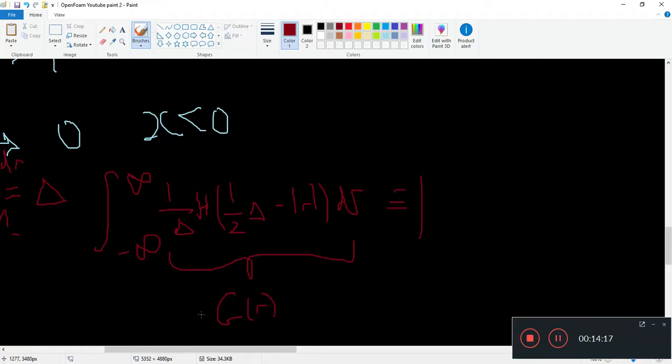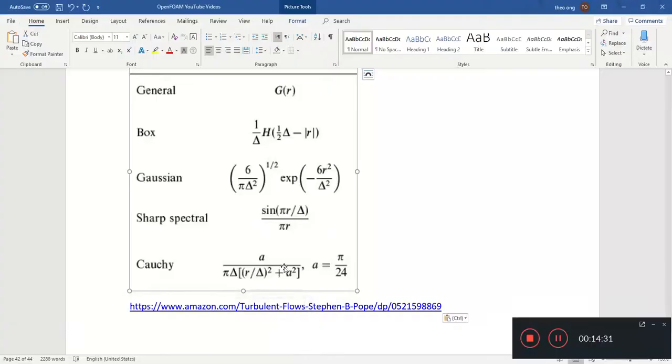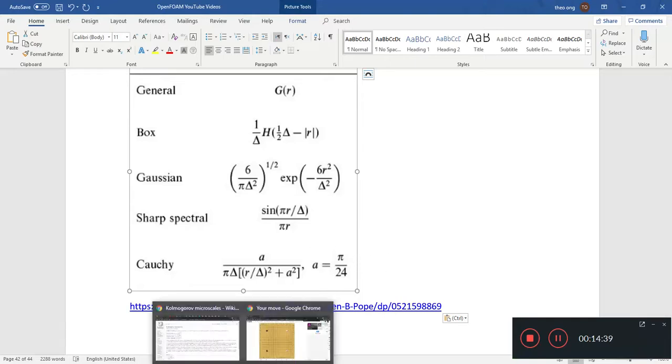So that's generally how the g of r works, at least for the most simple box functions. And of course, the trick is how will you determine this box size? If you see in this expression, delta doesn't just appear in the box function, it can appear in many other functions as well, such as the Gaussian function.